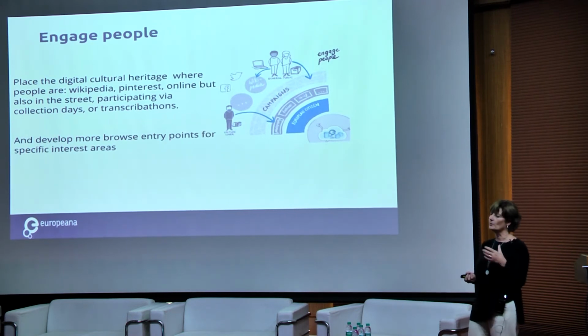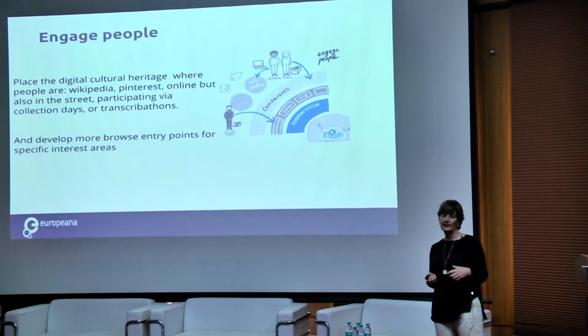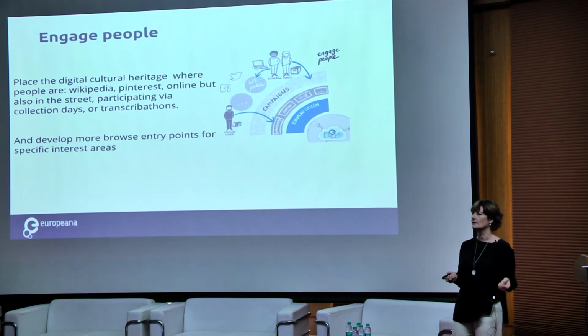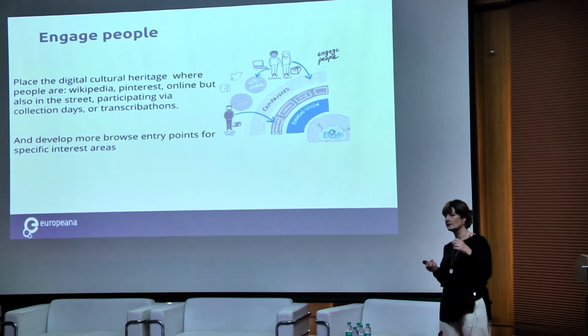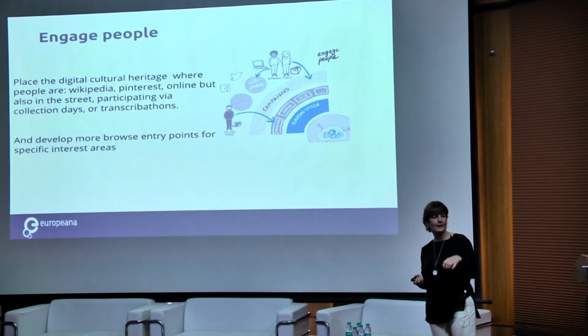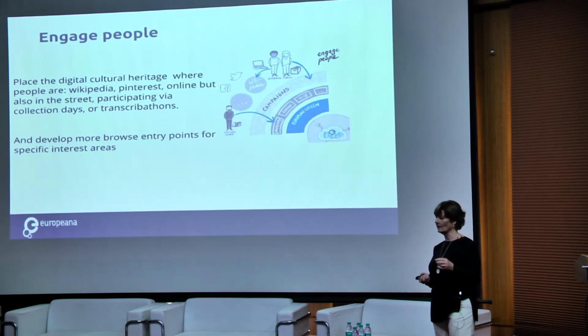So this is why we put it into Wikipedia, into Pinterest. We try and really make it work where people are already. So we also use Facebook. We run competitions in Give It Up. We do all sorts of things that mean that they don't have to come into Europeana, but they will get the material wherever they actually are at that point.